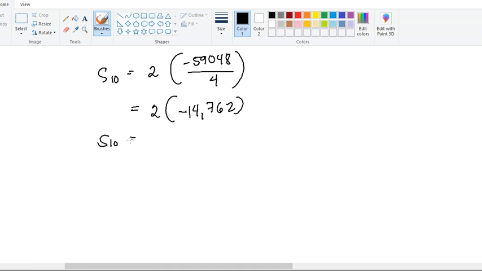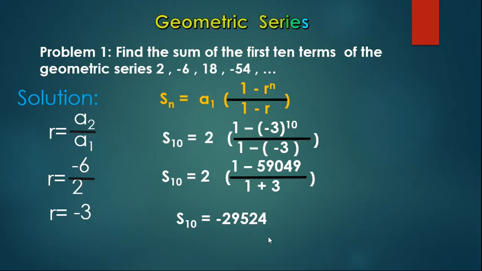And then we multiply negative 14,762 by 2, and we will get the answer of negative 29,524, which is the answer for this problem.